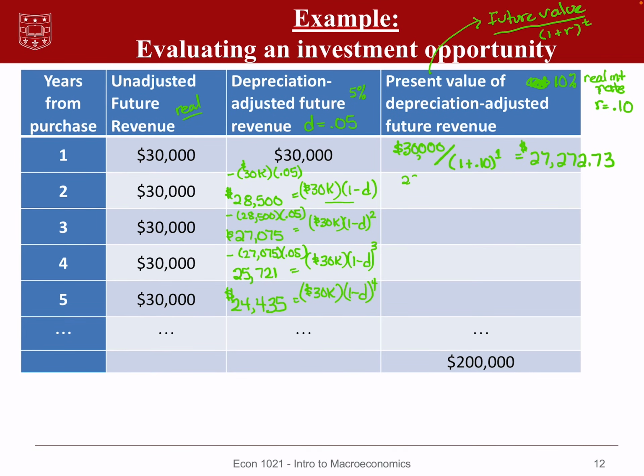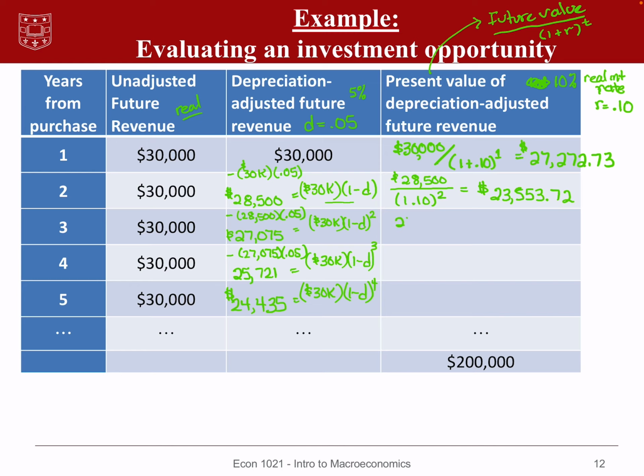Well, again, you could figure this out. This would be 28,500 divided by 1.10 squared. And if you do that math problem, you're going to come up with $23,553.72.